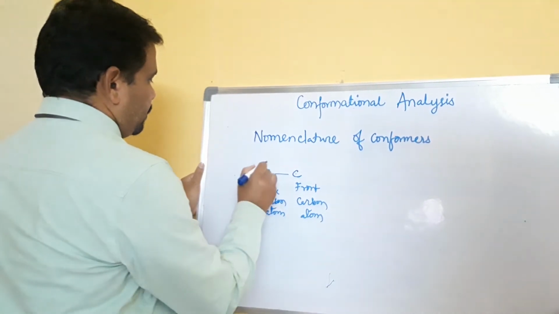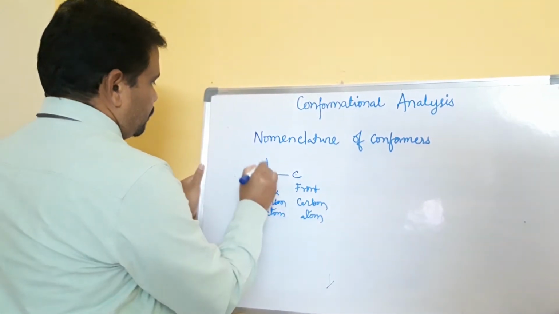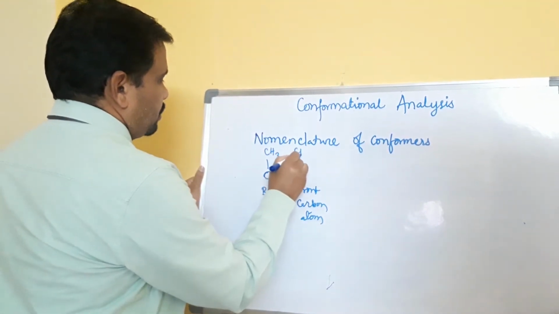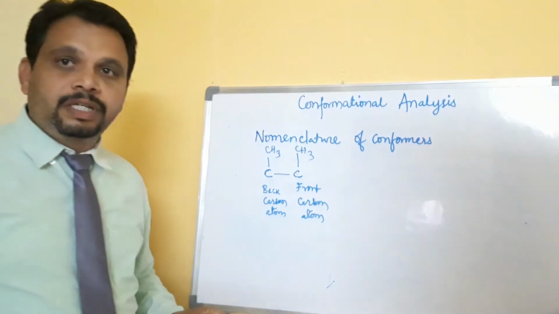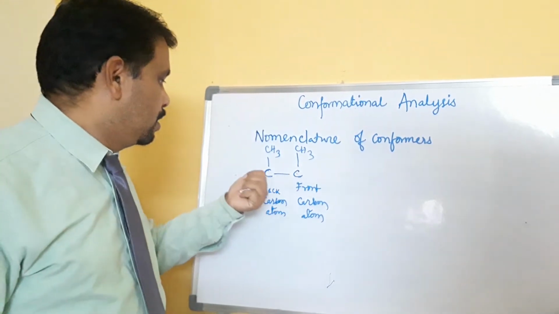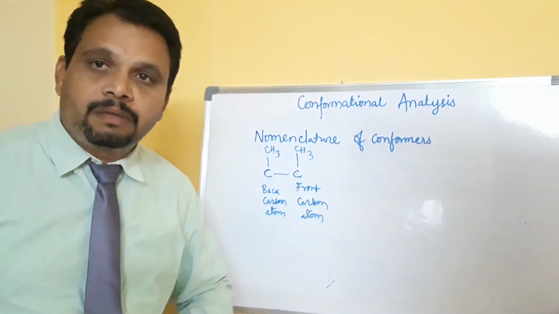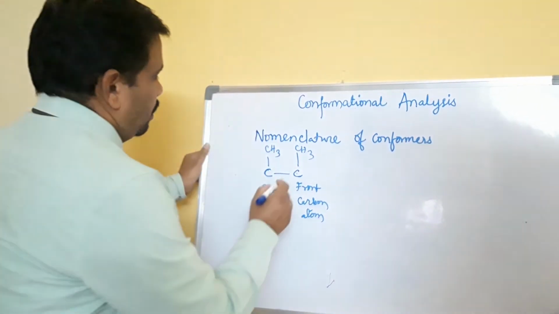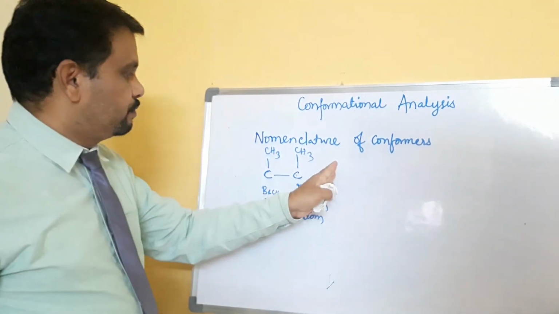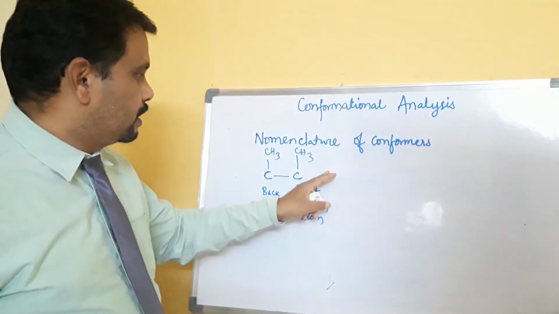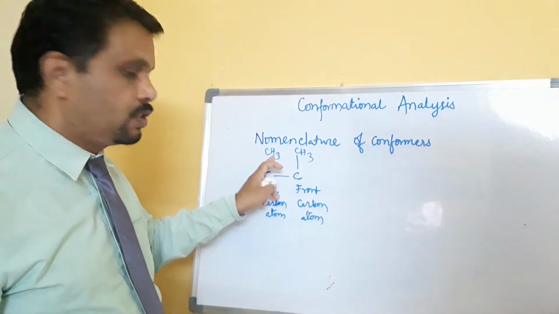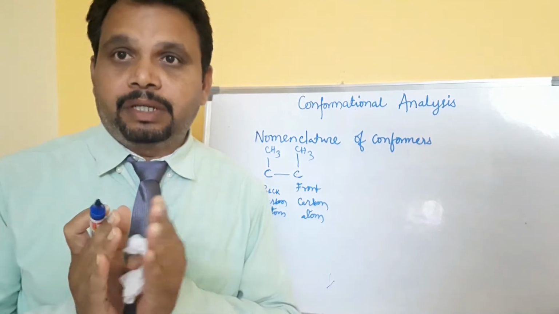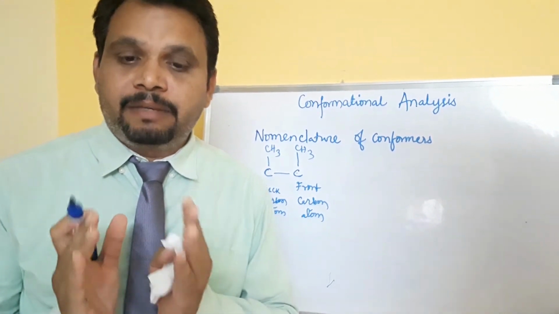On one carbon there is a CH3 group, and on the other also a CH3 group, and two hydrogen atoms exist on each carbon. If you look from this side, you will understand that those two CH3 groups lie on each other, in line with each other. They are eclipsed in position.